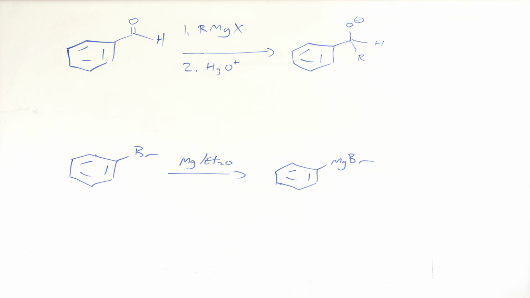Okay, what does it do? If I put my Grignard reagent around an aldehyde or ketone, what happens? It behaves as if it's an isolated anion. It behaves as if it's a carbon as an anion. So I end up here, and I have my new R group. Well, I have the aromatic ring, so let's redraw it. I get my tetrahedral intermediate, rehybridization at the carbon, and so on.